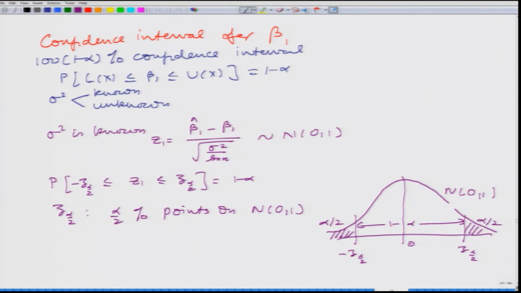Now let us continue further, and write the probability that minus z alpha by 2 is less than or equal to beta 1 hat minus beta 1 over square root of sigma square over Sxx, less than z alpha by 2, is 1 minus alpha.